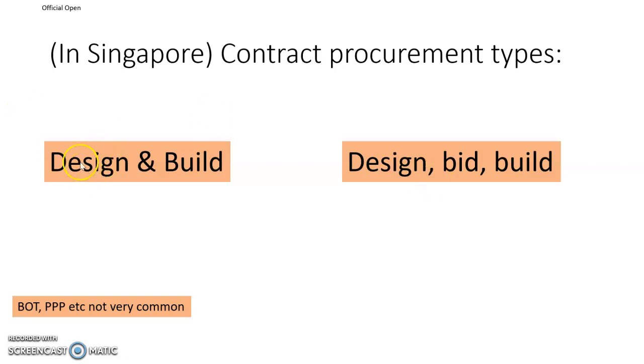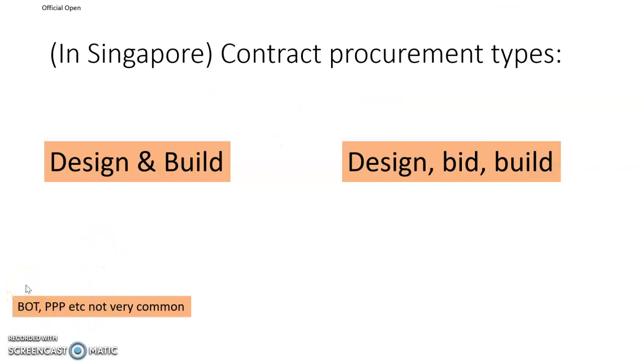Whereas design and build is different. The owner engages the contractor directly to carry out the whole design and construction of his project. Other than these two types of procurement system, there are also other types, for example, BOT.